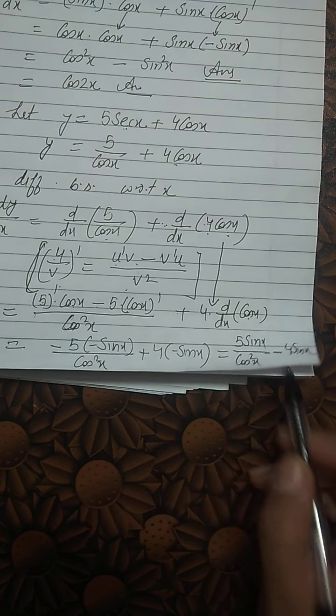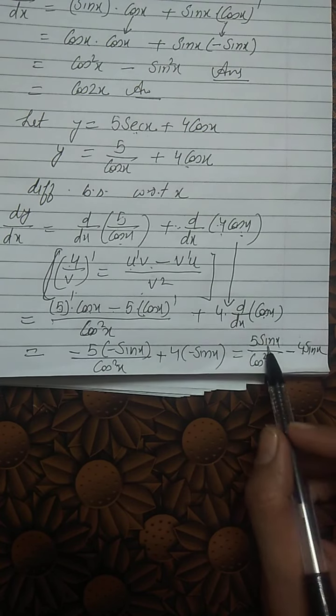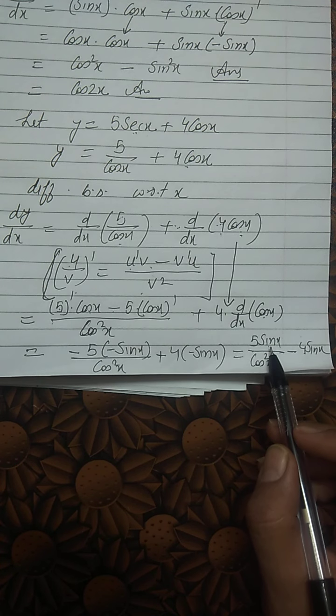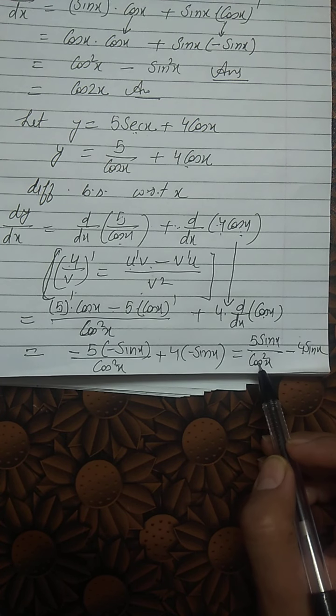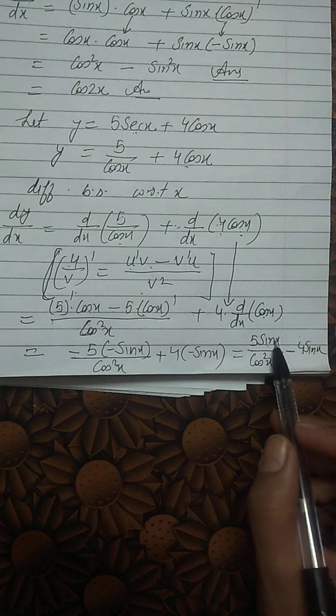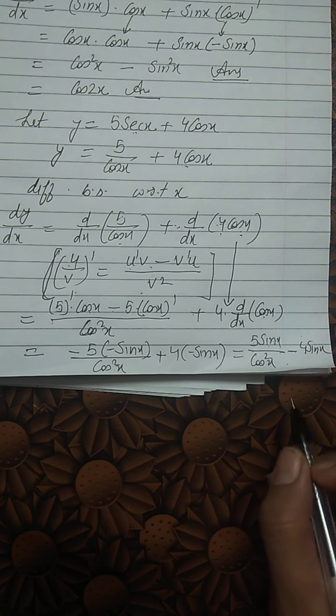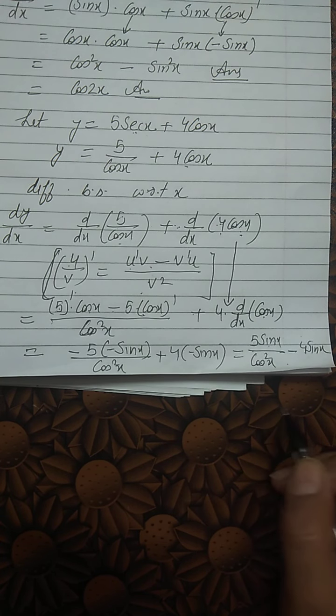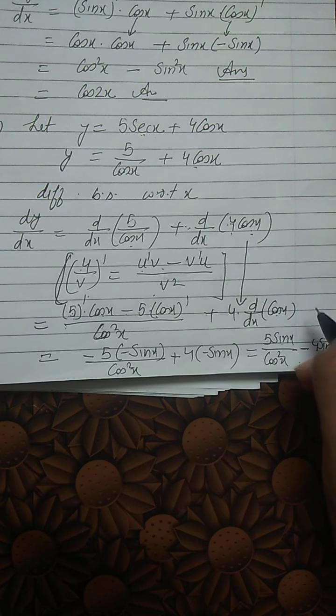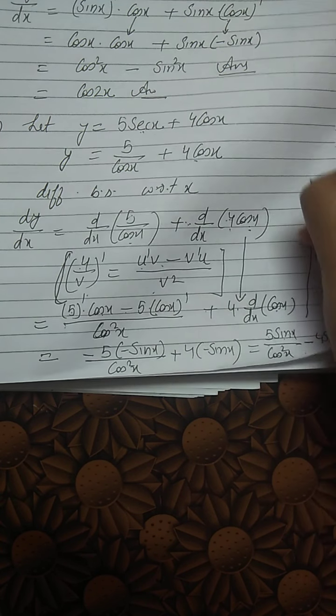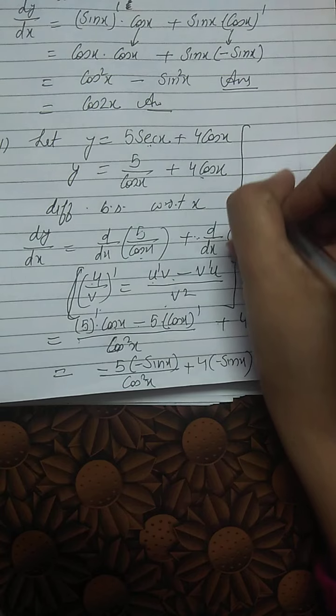We can end the answer here also, or sin upon cos we know, we will write it as 5 sin x upon cos x into cos x. So sin upon cos will become tan x, and 1 upon cos is secant x. So if you want, we can give this answer like that also. I am just writing it here.